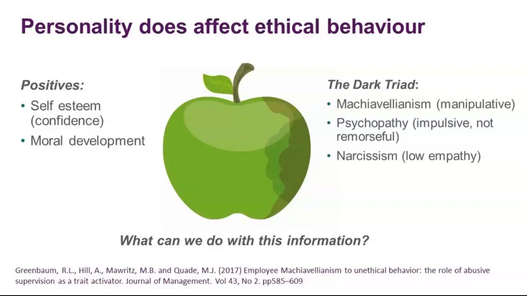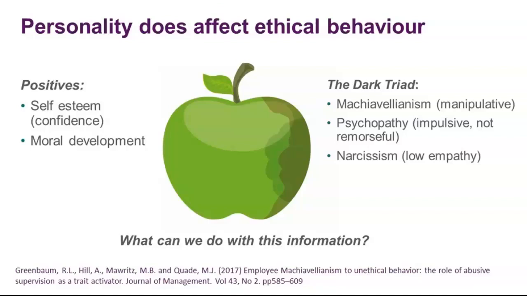It includes narcissism, so having high levels of pride, low levels of empathy, big ego, basically, feelings of grandiosity. And thirdly, psychopathy, so being impulsive, antisocial behavior, not feeling remorseful, feeling callous about your victims or other victims.